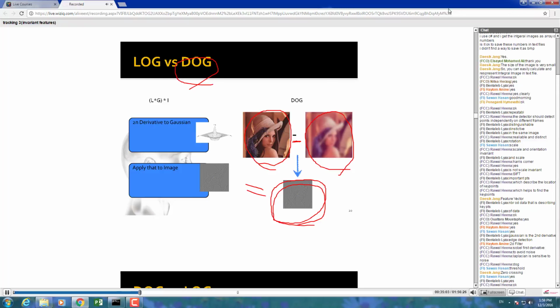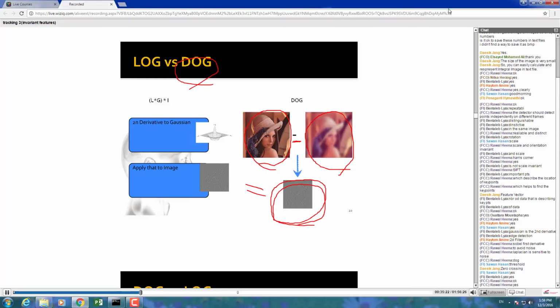Basically the information of DOG is almost the same as LOG. The concept is the same. Just for the convenience and efficiency of calculation, they are using DOG. Is that clear?